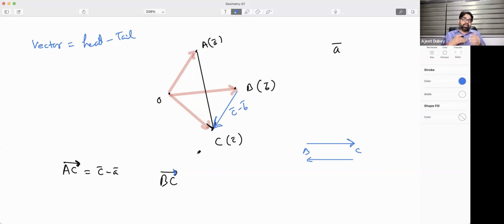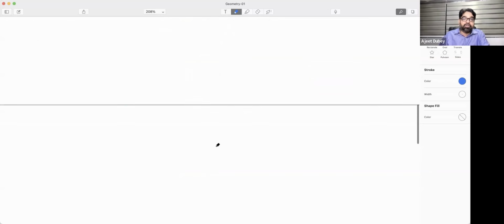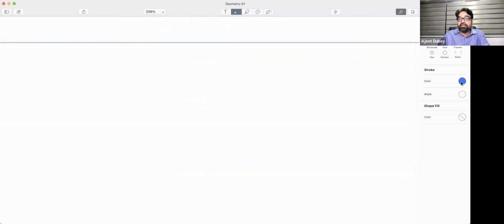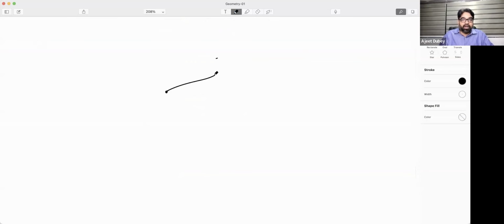So easily you can tell this side of the triangle is parallel to that side of the parallelogram. Everything you can tell very clearly. But this point has to be clear: what is meant by a non-position vector. Suppose I take one vector, let's say this vector.